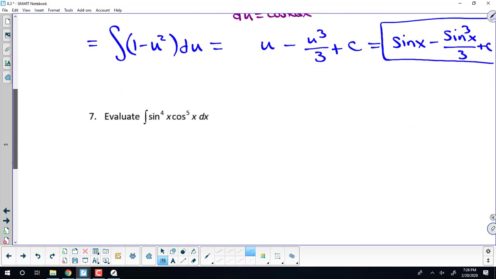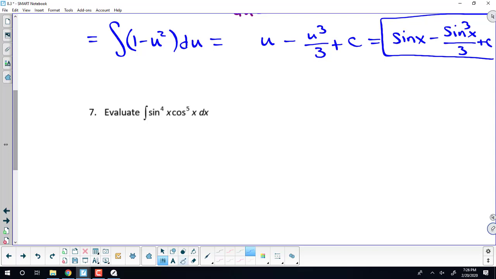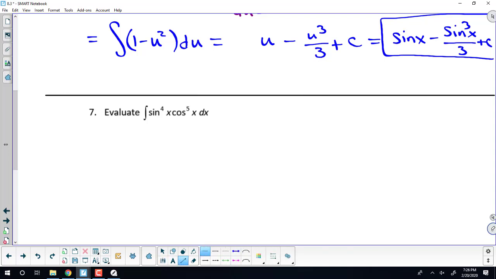Okay. Evaluate sine to the 4th times cosine to the 5th. So when we have powers of sine and cosine, we'll see what happens if we're just integrating cosine to the 4th by itself or sine to the 4th by itself. But for these here, we say, well, sine's even, cosine's odd.